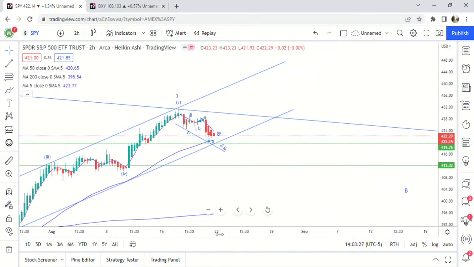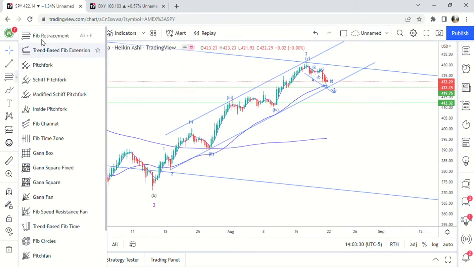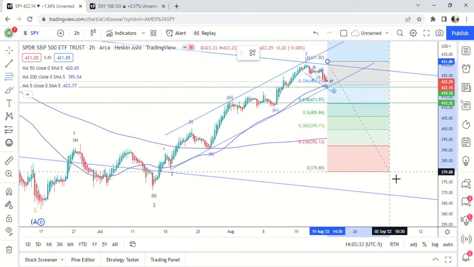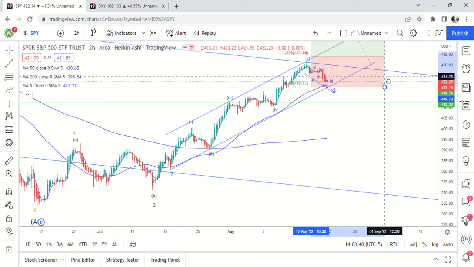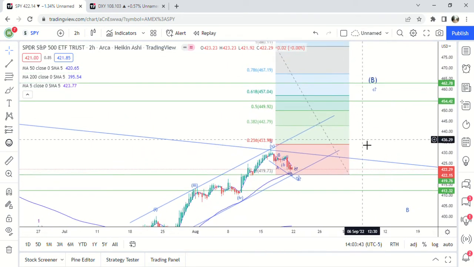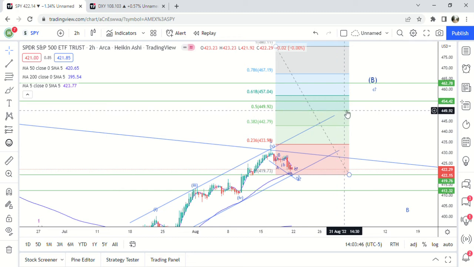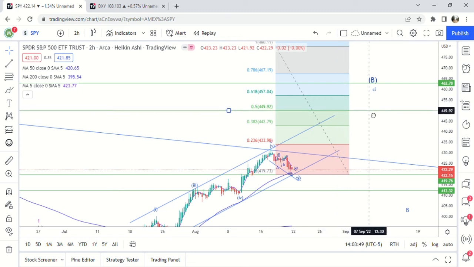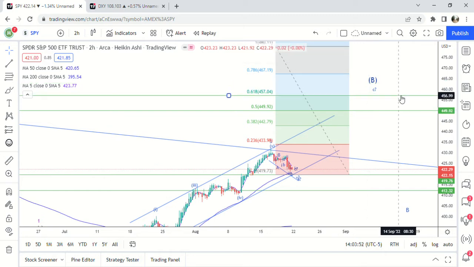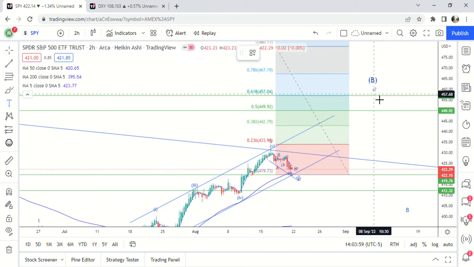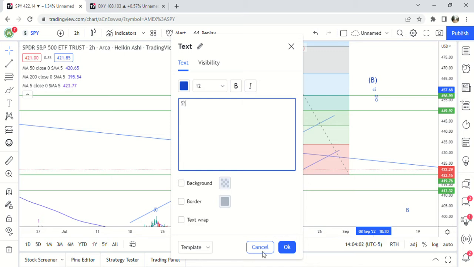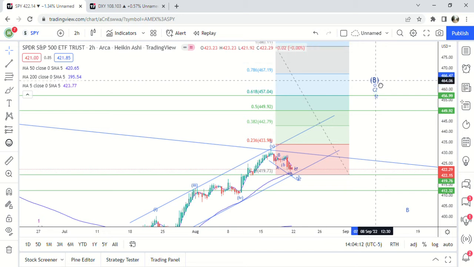Then if we take the fib retracement tool and go third all the way to the very beginning of the first wave, all the way up here to 419.72, and you can see these targets are wrong. 450 to 457 would be our target for the overall fifth wave, for the overall C wave, and that would complete the overall B wave.